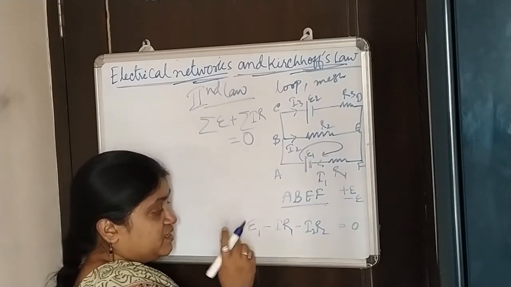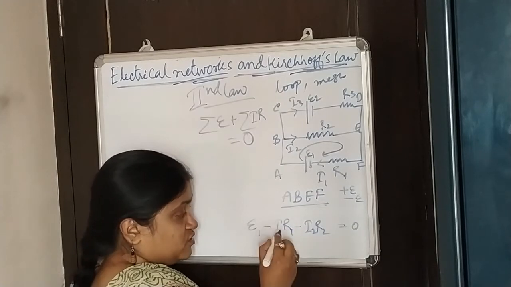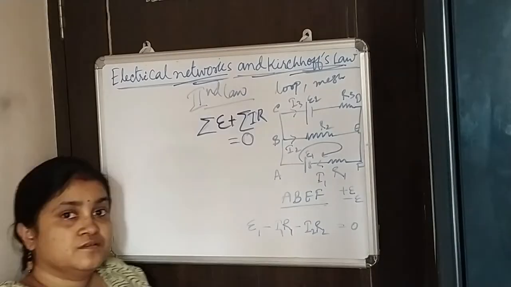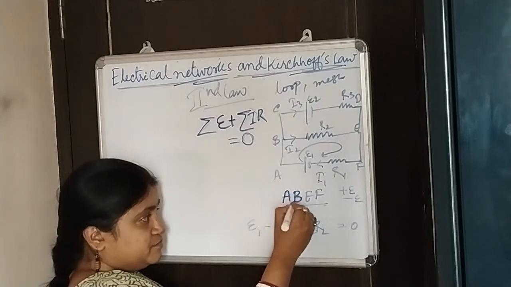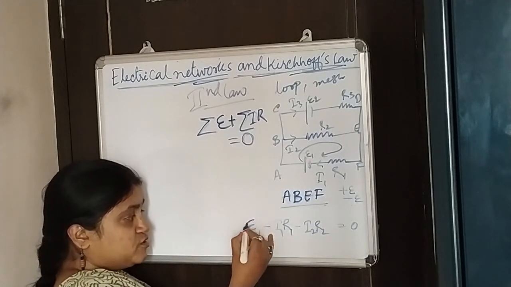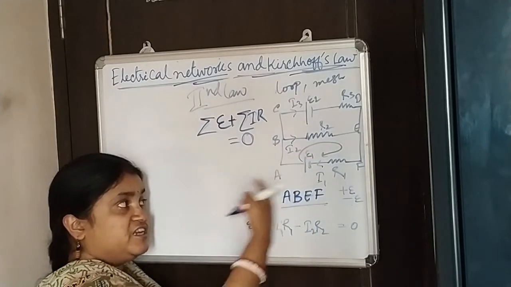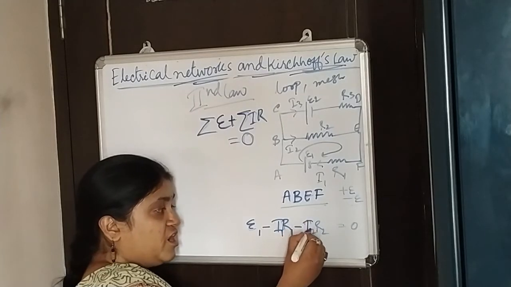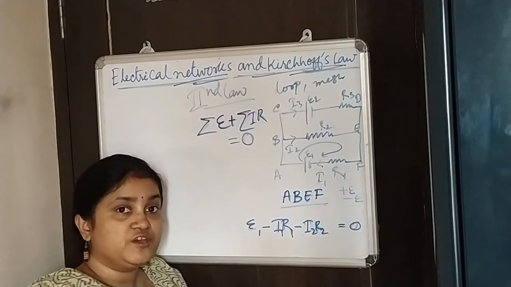So my equation becomes E1 minus I1 R1 minus I2 R2 equal to 0. In this loop A, B, E, F, my EMF E1 was positive, I1 R1 is in the direction of current so it is negative, and I2 R2 is also in the direction of current so it is also negative, and the total is 0 according to Kirchhoff's second law.